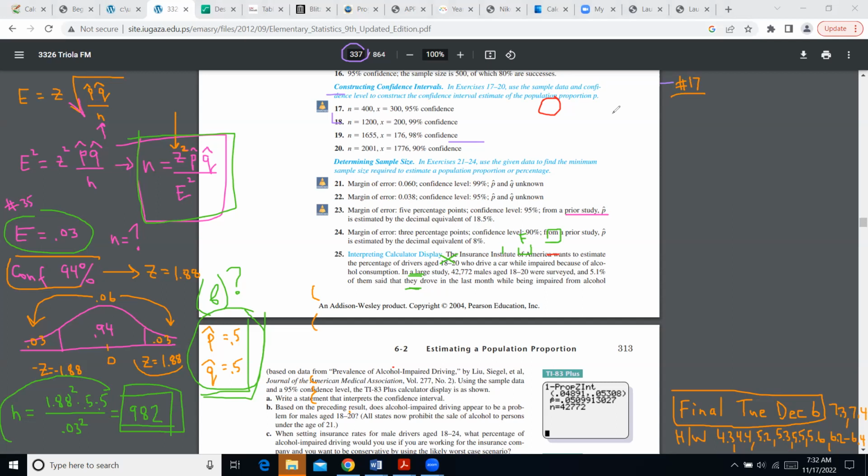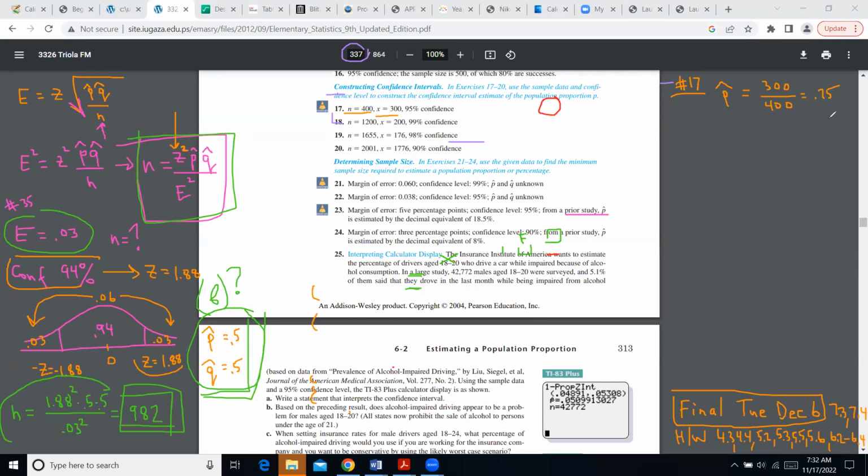So if sample size is 400 and we have x equal to 300, which means that the sample proportion is 300 elements out of 400, which is 3/4, right? Or 0.75 here.